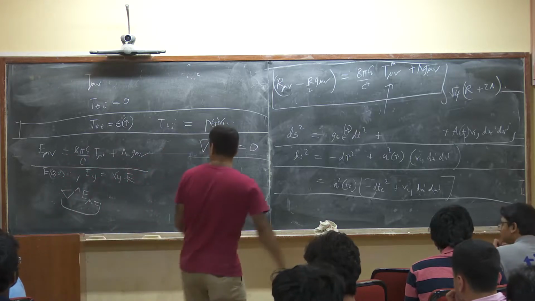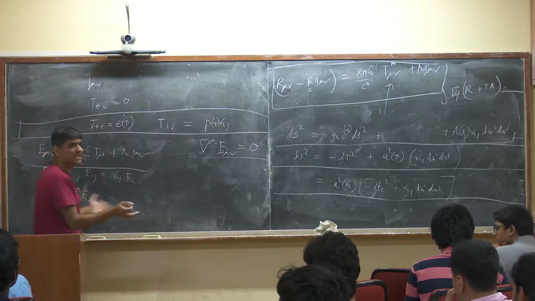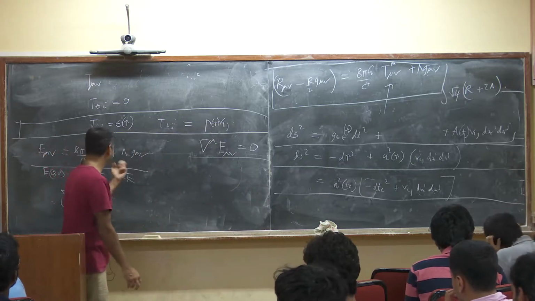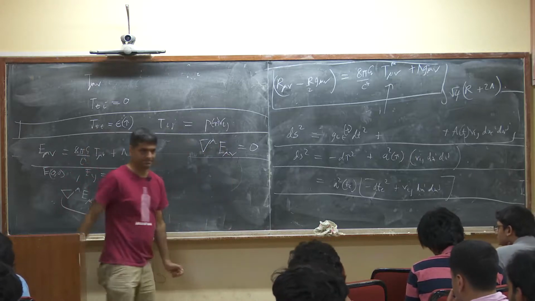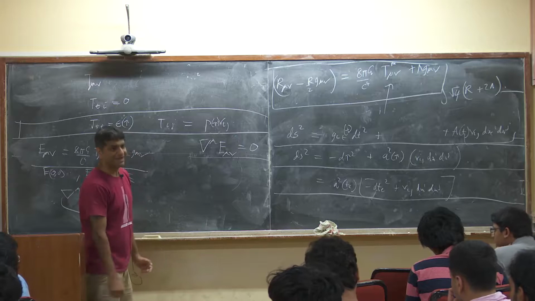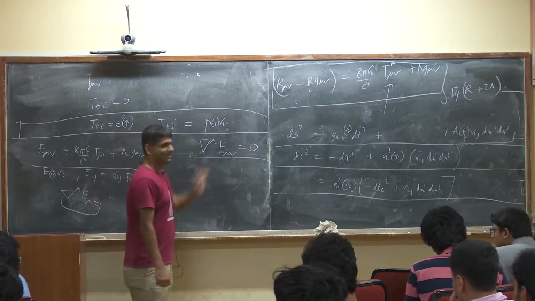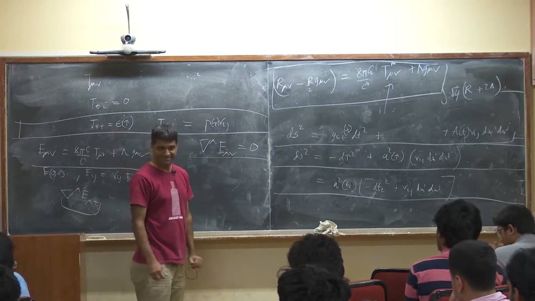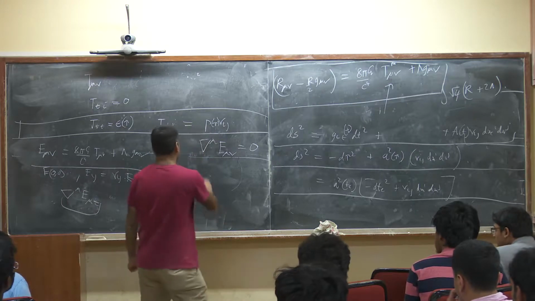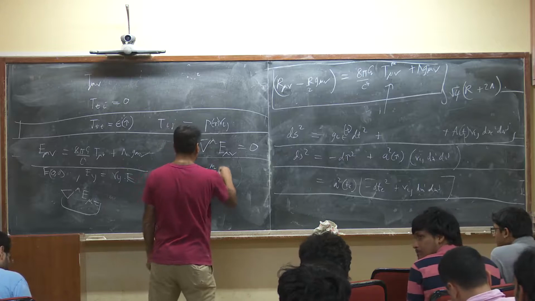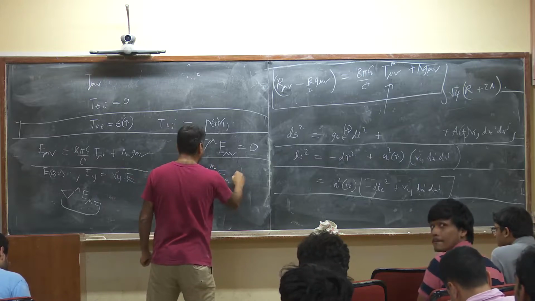We know that if you evaluate E mu nu, the only things that are non-zero are E00 and Eij. So let's evaluate this object, first with free index I, and see what we get. We will get d mu E mu I is equal to 0.